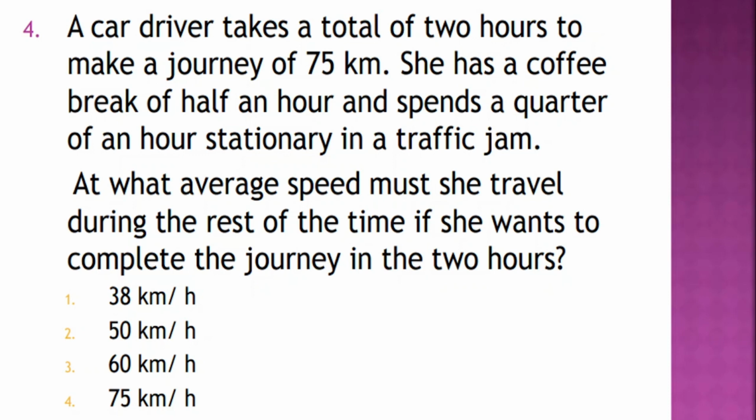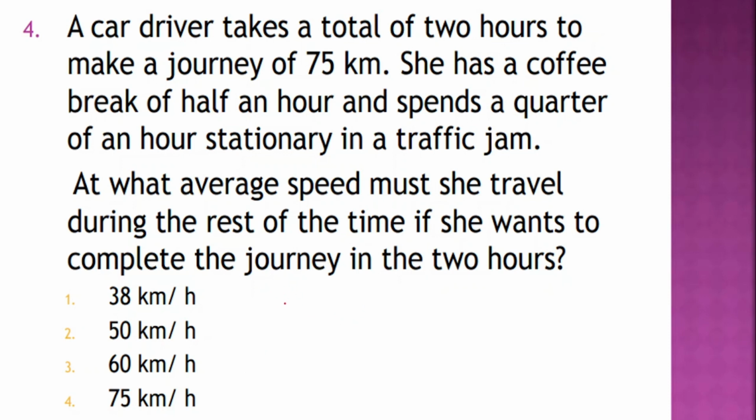She has to cover this distance of 75 kilometer in 2 hours, and out of these 2 hours she has already used up 3/4 of an hour. Now the remaining time left is 1.25 hour, and she has to cover the same distance of 75 kilometer.